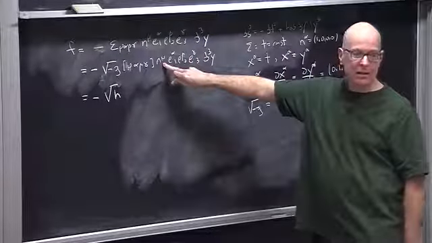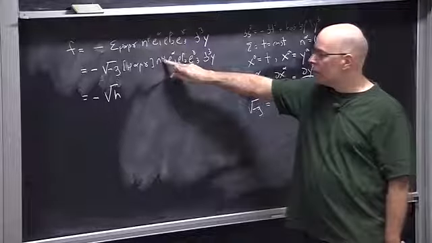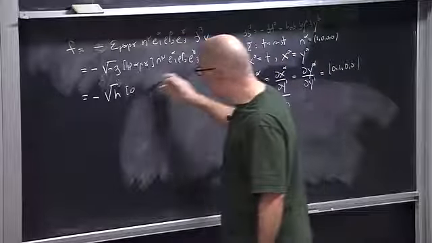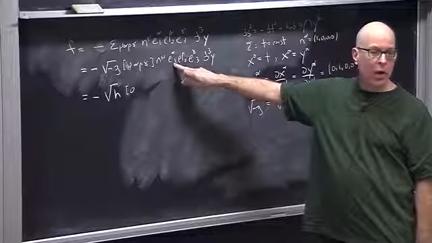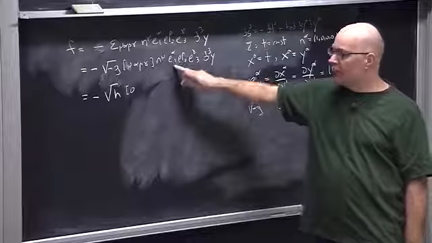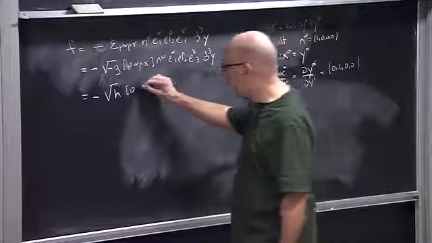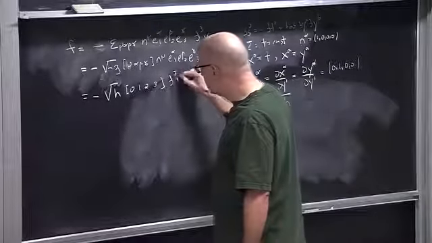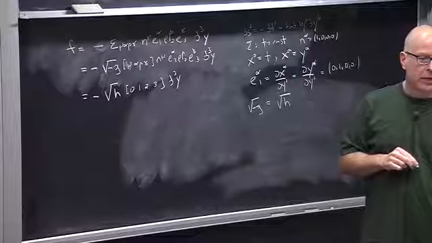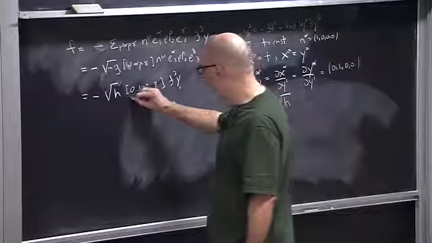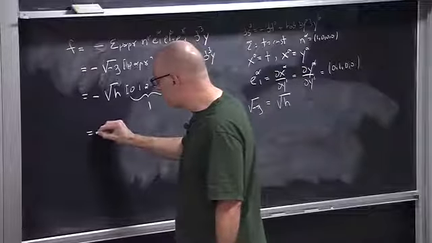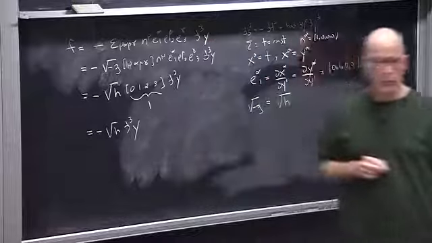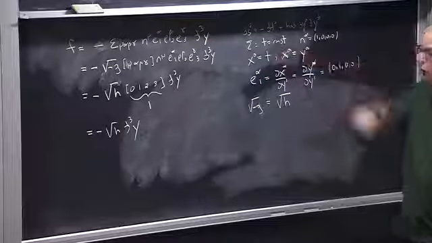This only has a time component, so mu has to be equal to 0 in the summation. This only has a component along 1, so alpha has to be 1 in the summation. Beta has to be 2, gamma has to be 3. And all the mess clears out. This is 1. And what we find, apart from that minus sign, is exactly what we would like our surface element to be on the surfaces of constant t.